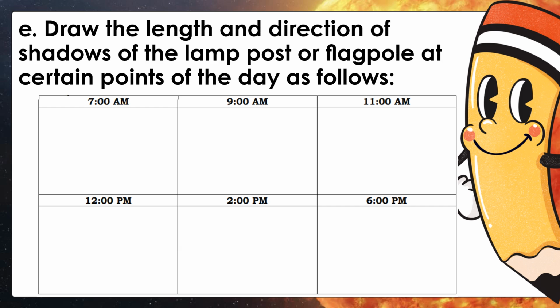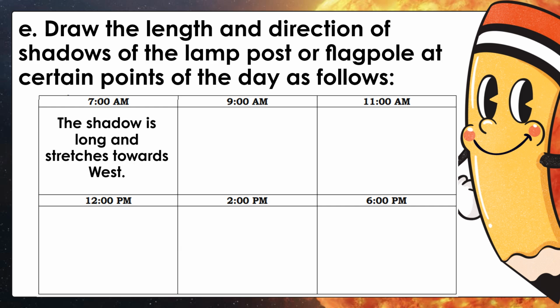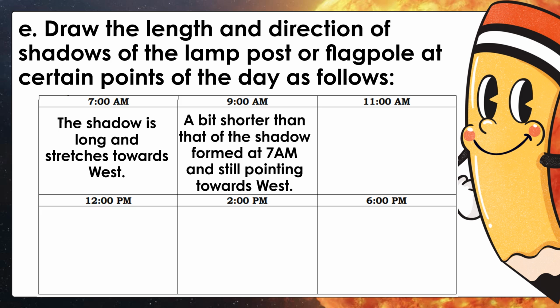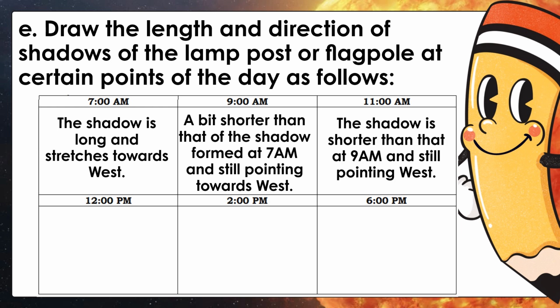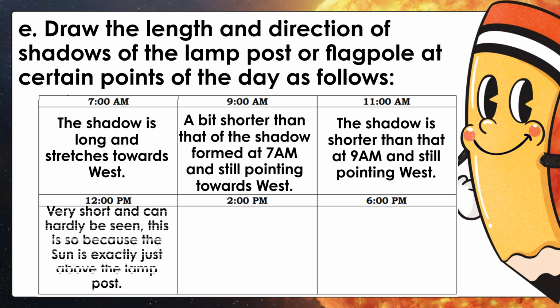So let us just describe. 7 a.m., the shadow is long and stretches towards west. 9 a.m., a bit shorter than that of the shadow formed at 7 a.m. and still pointing towards west. 11 a.m., the shadow is shorter than the 9 a.m. and still pointing west. 12 p.m., very short and can hardly be seen.